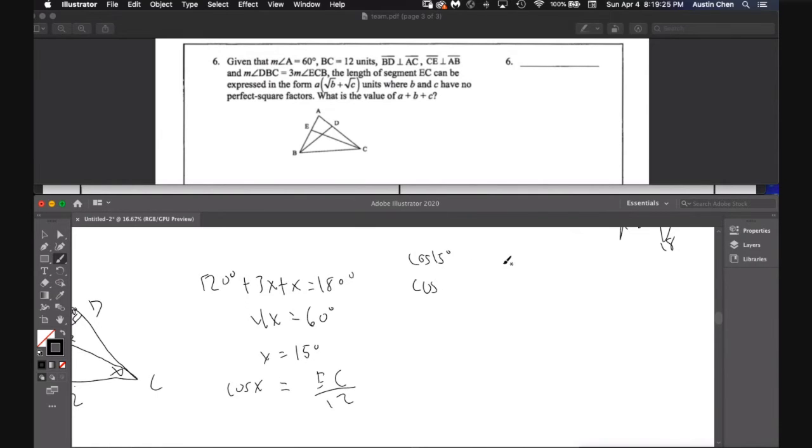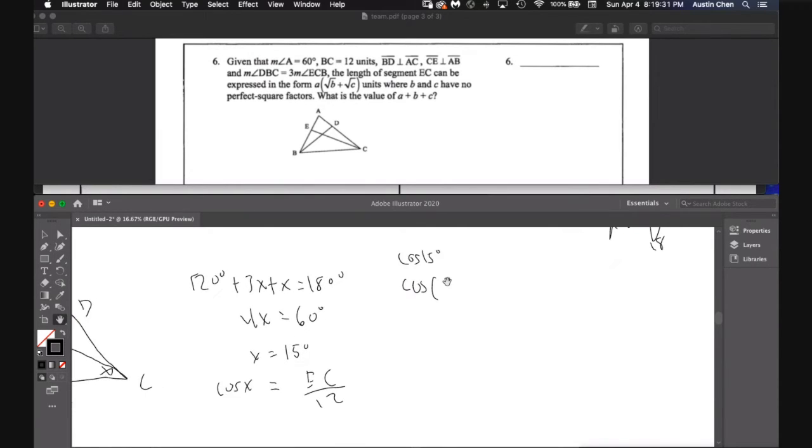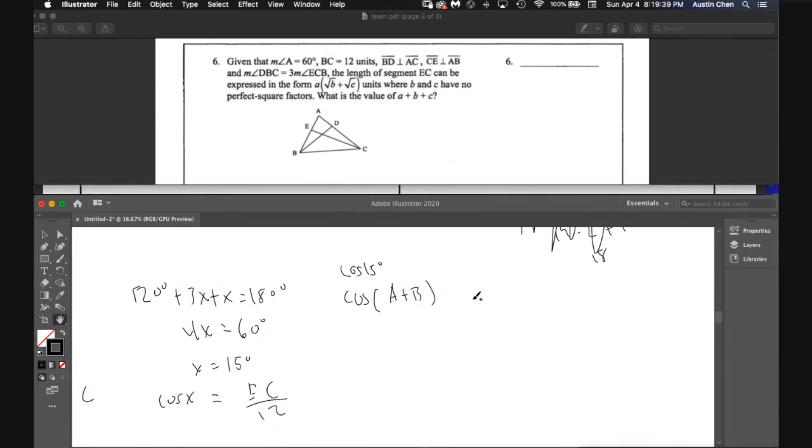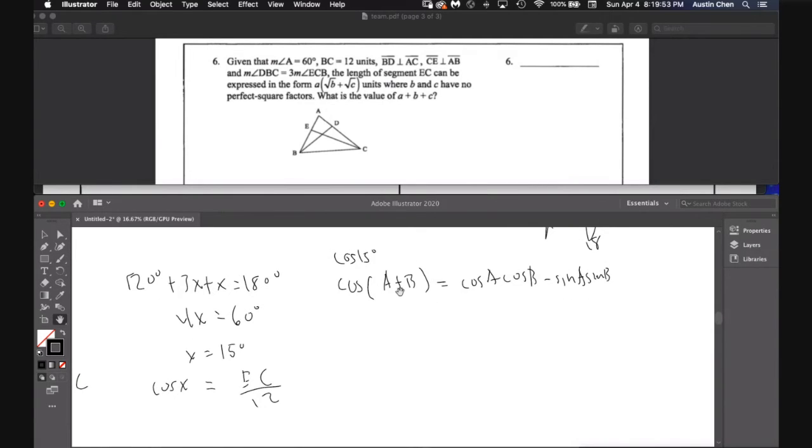First we have to know a few identities. Really, just one identity actually. The identity we have to know is that cosine of an angle A plus an angle B will equal the cosine of angle A times the cosine of angle B minus the sine of angle A times the sine of angle B. There's also a sine version that is useful to know and is applicable in other situations.